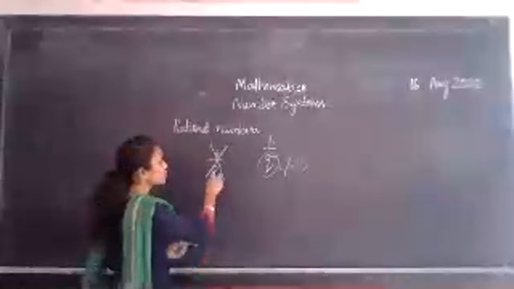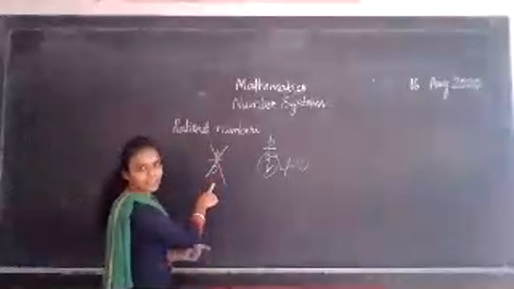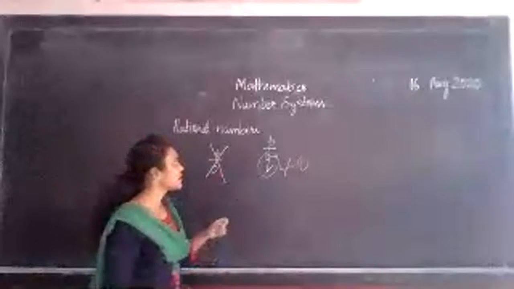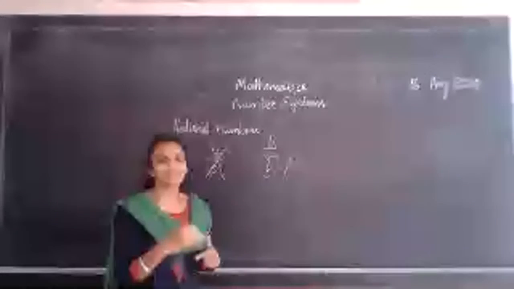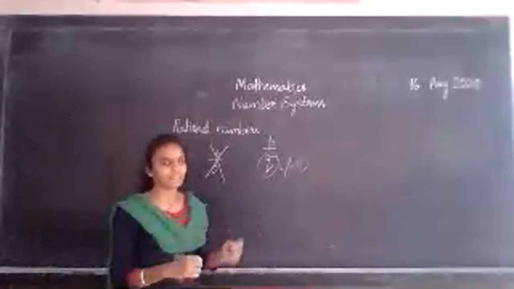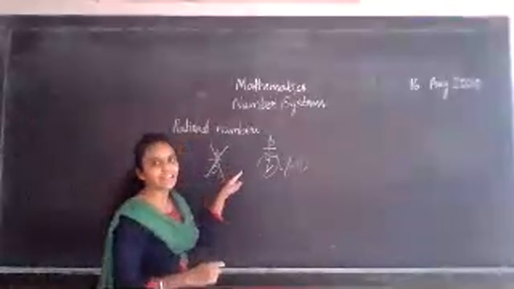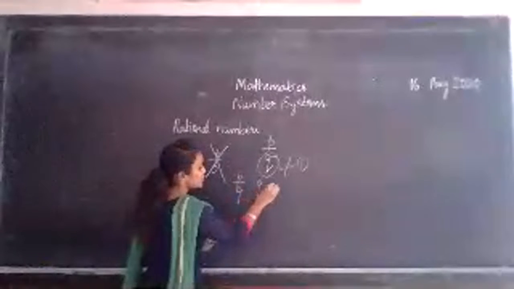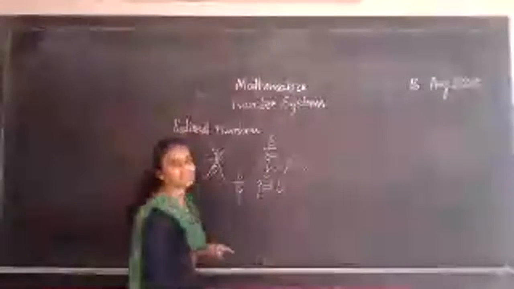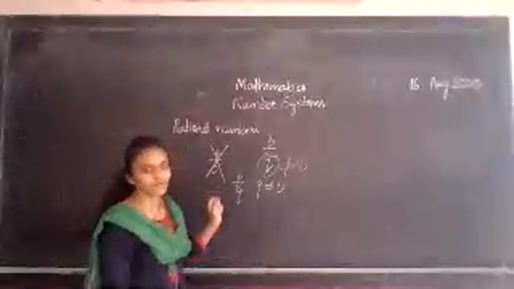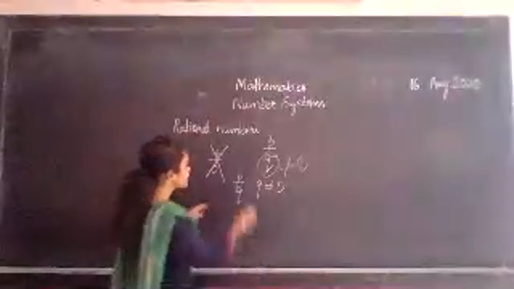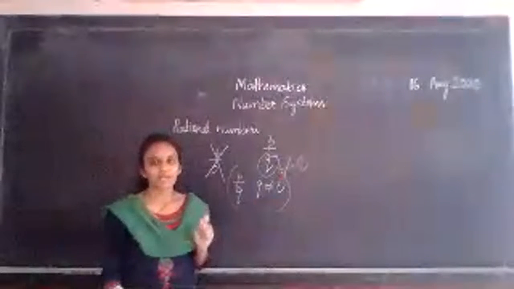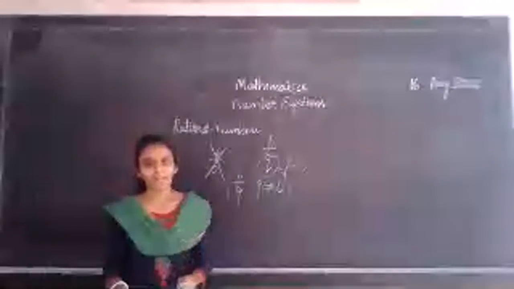Therefore, when we write a number in the form of P by Q, this Q should never be equal to 0. When you write in this format, then that particular number can be called a rational number.